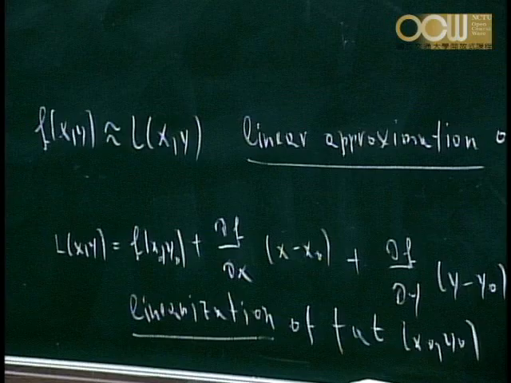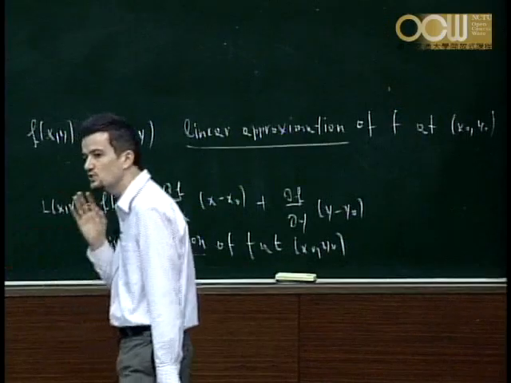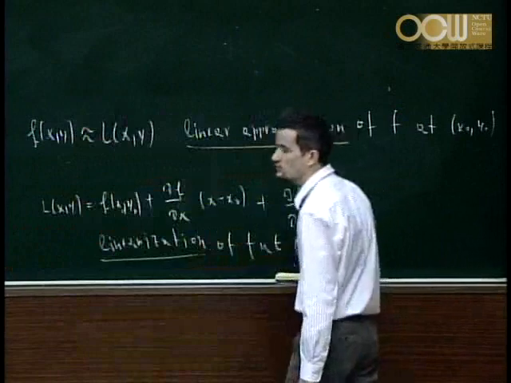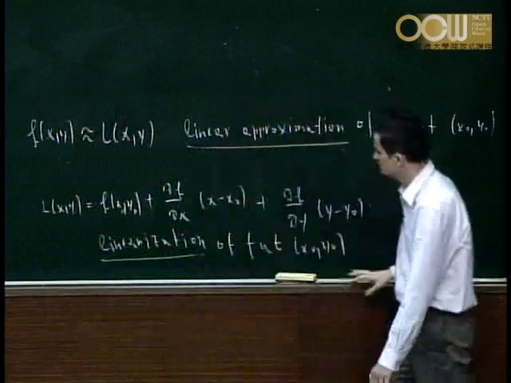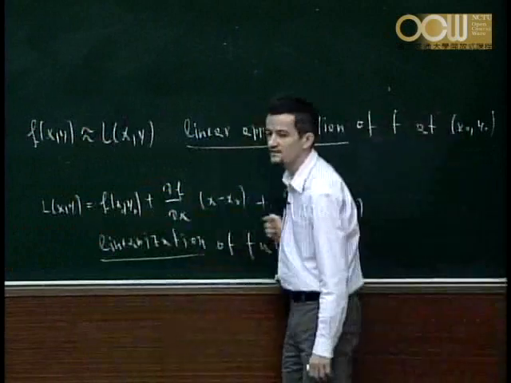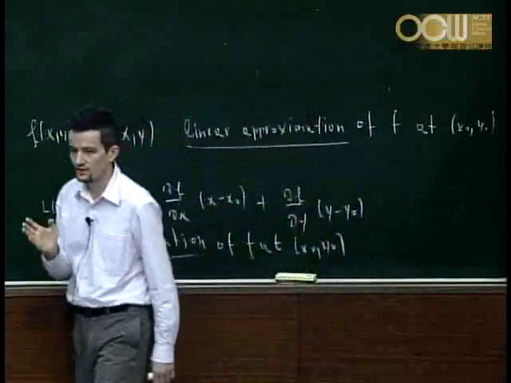The important thing is that the tangent line really approximates the function locally, and that this approximation is good in some sense. So how about here? Is the tangent plane always a good approximation of the function?